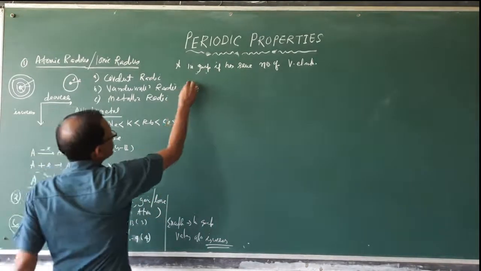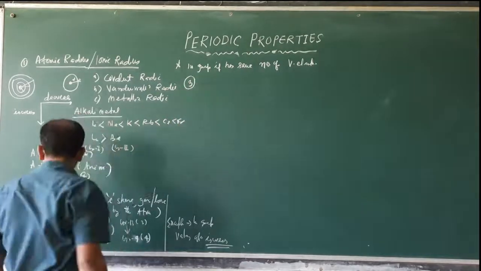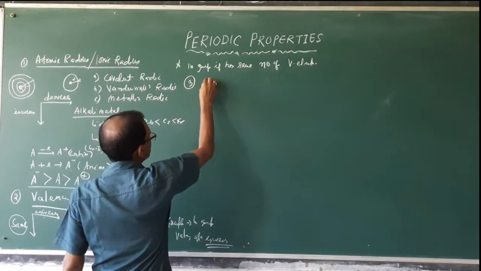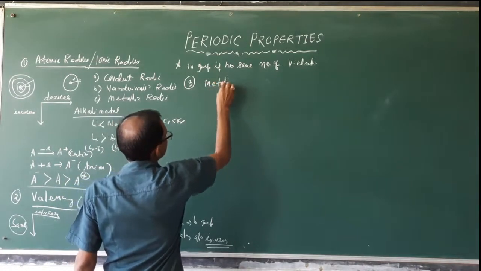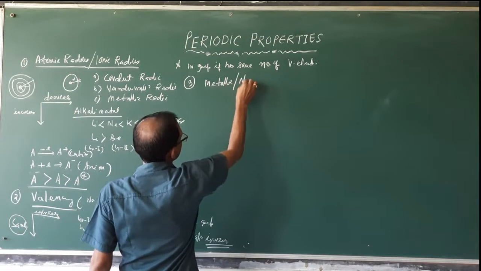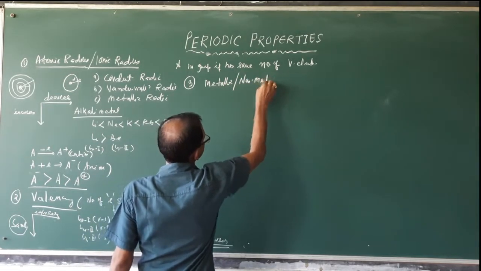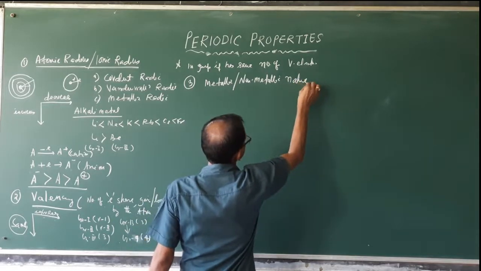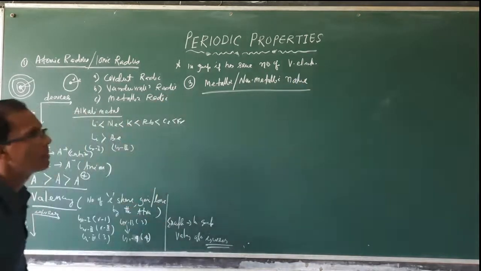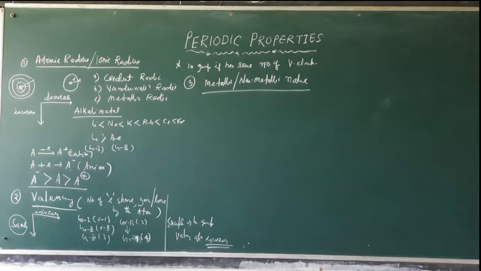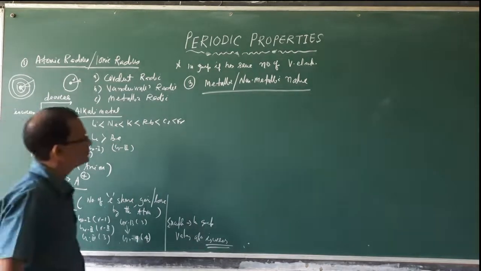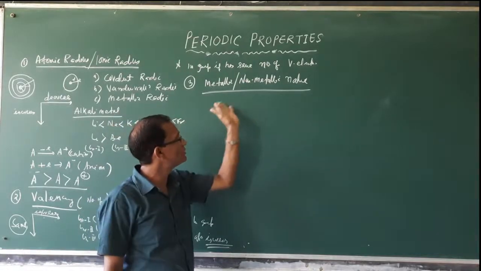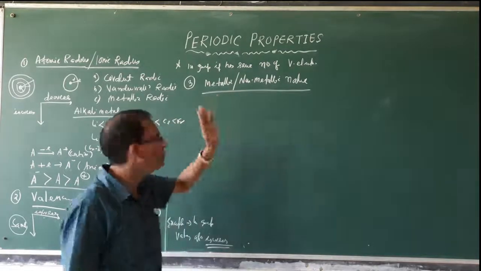Then third property is metallic and non-metallic character, metallic and non-metallic nature. We know the chapter metals and non-metals, what are the properties of metals, what are the properties of non-metals, already we know.